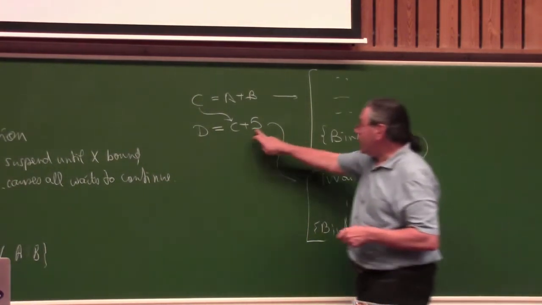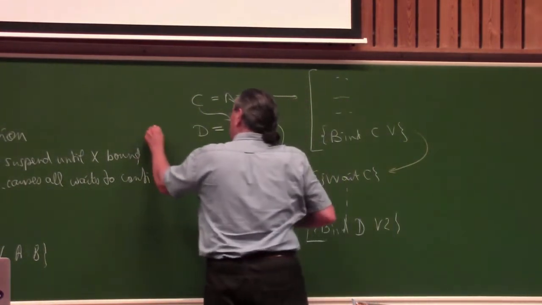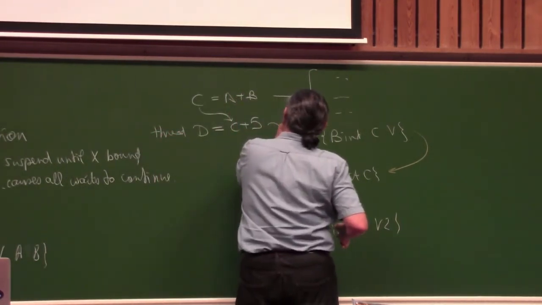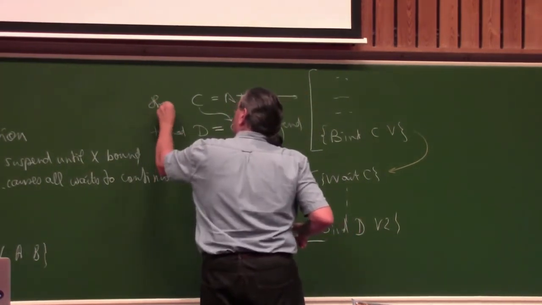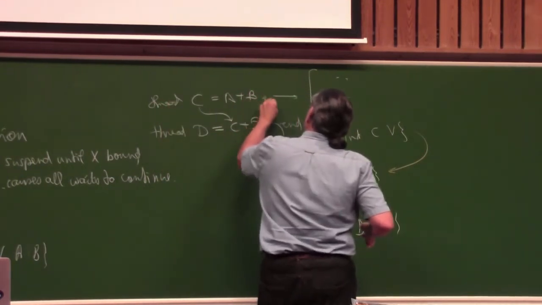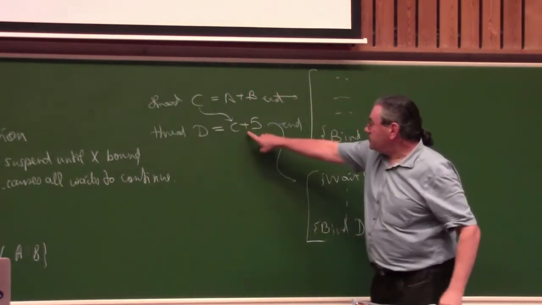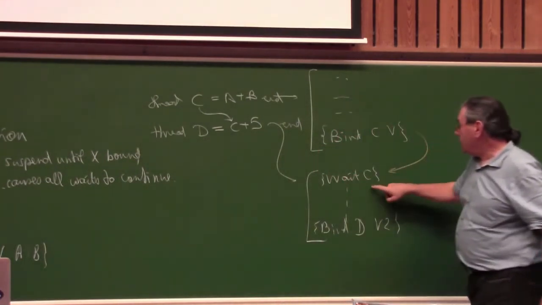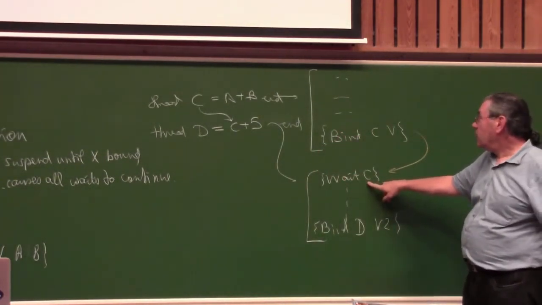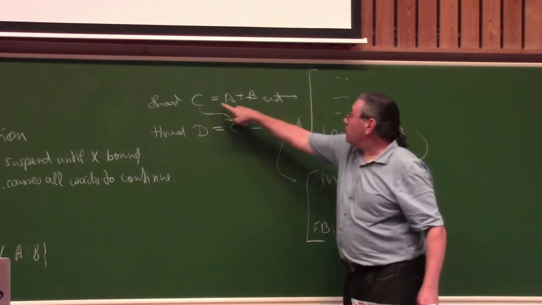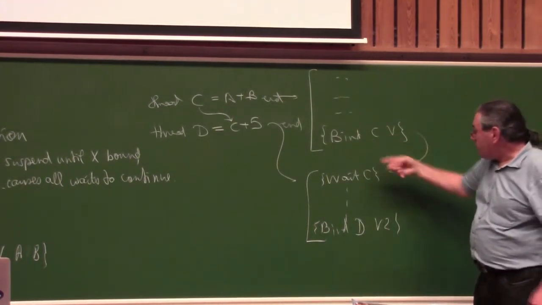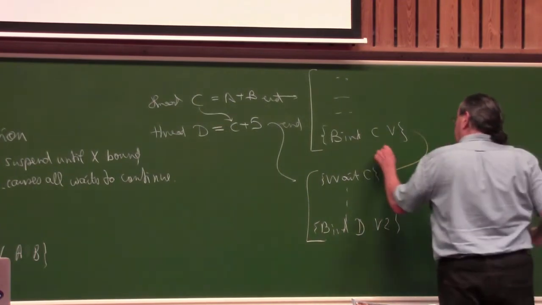So if this is executed in its own thread, and this one in another thread, then if the scheduler executes this one first, then it will wait on C. And eventually the scheduler will execute the first addition, and it will bind C, and this causes the data flow synchronization.